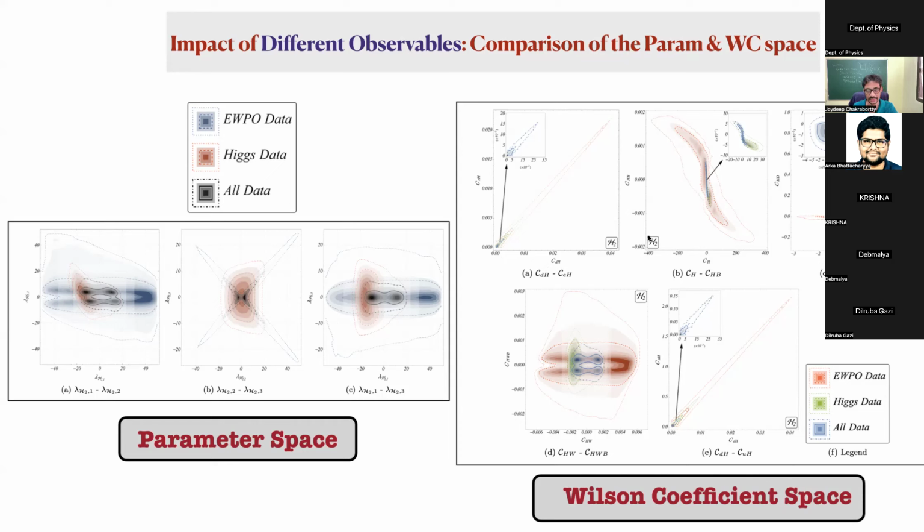That's why you would expect it to be squeezed, because for electroweak data, most of the operators are, at the leading order, I would say, and this is the leading order electroweak data. So they are already encompassed in the Higgs data, and that's why you can see most of the time the Higgs data plays the most dominant role to squeeze the parameter space. And that's why whether it's the parameter space or the Wilson coefficient space, they are giving you a similar kind of idea.